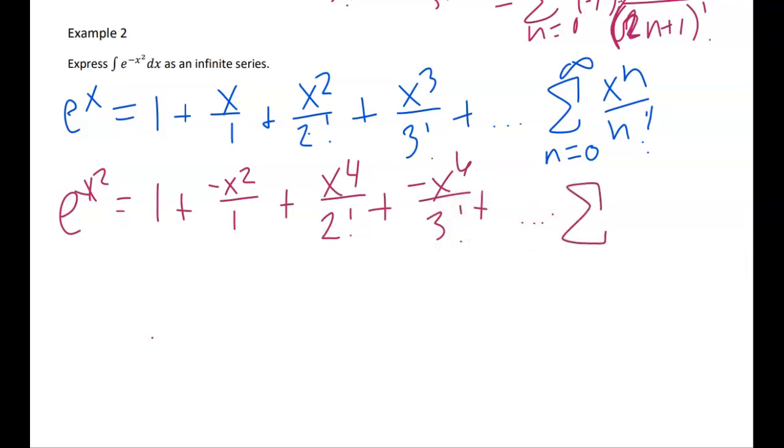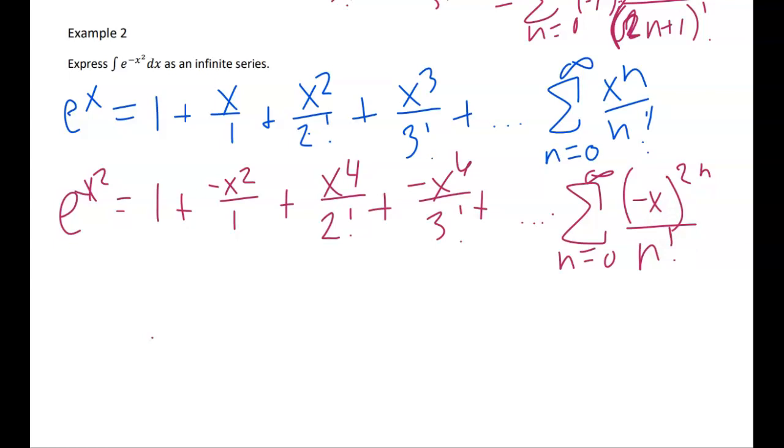So that gives me negative x squared to the n over n factorial. Or another way to write that is negative 1 to the n, x to the 2n over n factorial.